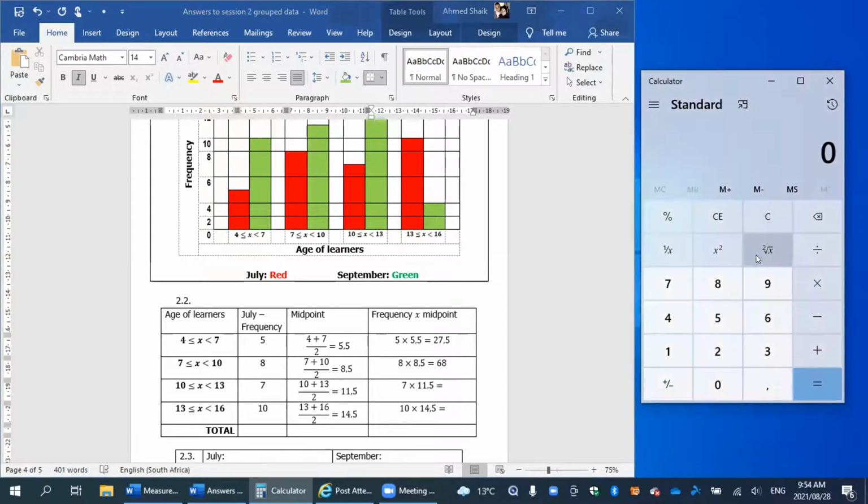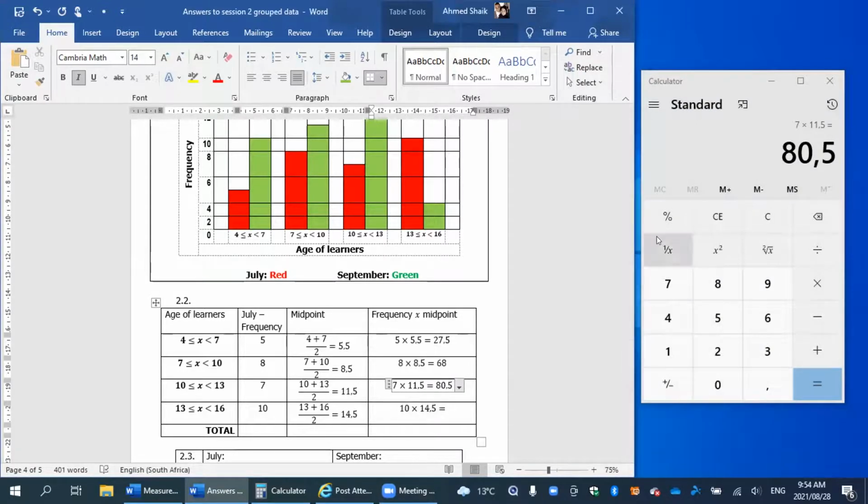Looking at our third interval, we have 7 times 11,5, and that gives us an answer of 80,5.